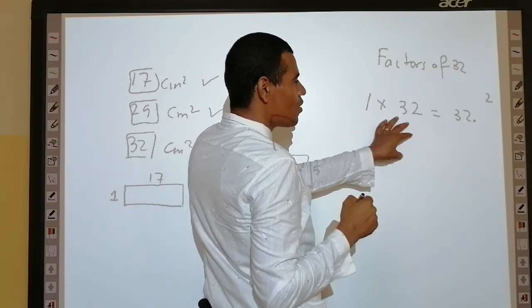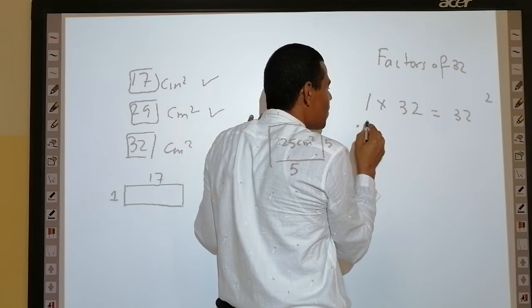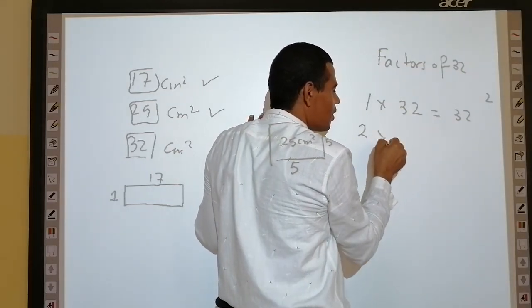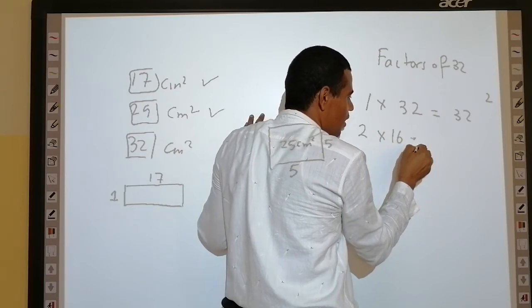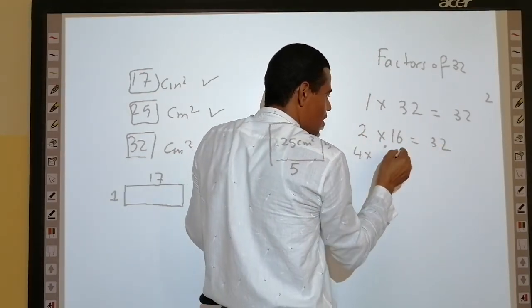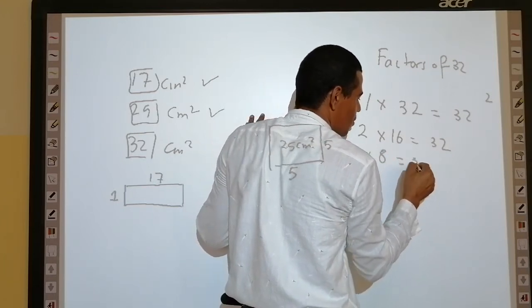So the first factor pair is 1 and 32. Now, double 1 is 2, and half of 32 is 16, so 2 times 16 equals 32. Then double 2 is 4, and half of 16 is 8, so 4 times 8 equals 32.